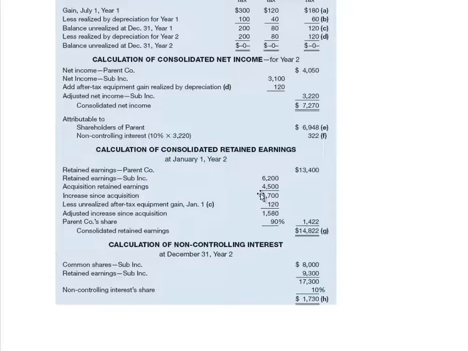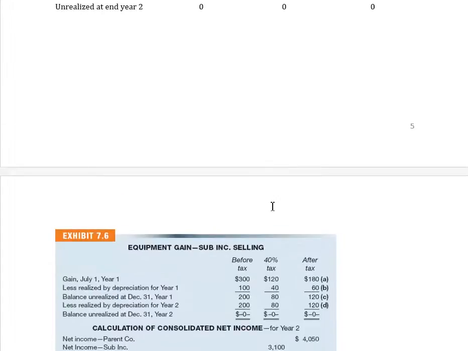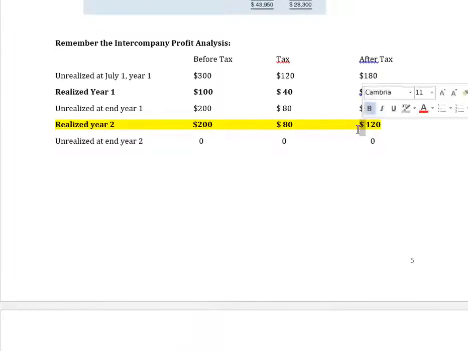Well, don't forget the at net gain that it reported on July 1st, year one, was $300. Net of tax, that would have been $180. We recognized in year one $60 of it. So at the beginning of year two, there's $120 in the $1,700 that's still unrealized. In fact, you know from up here, that $120 is going to get realized in year two.